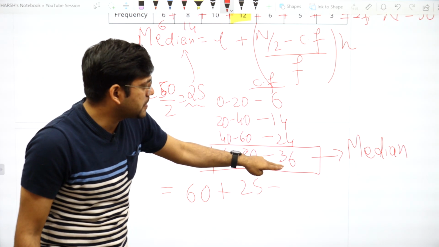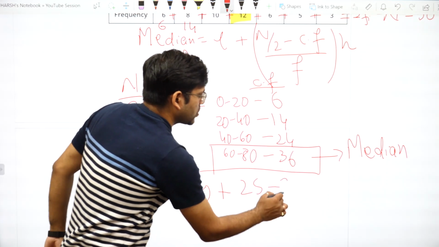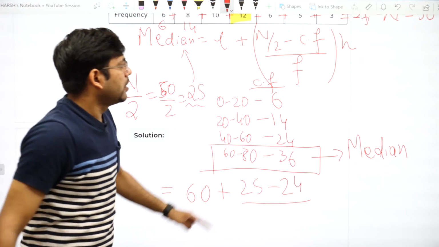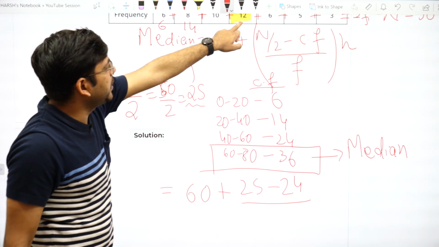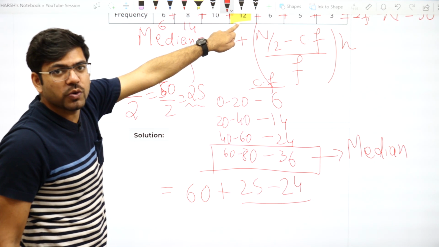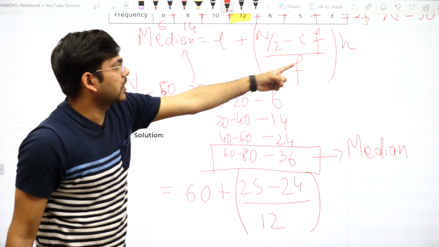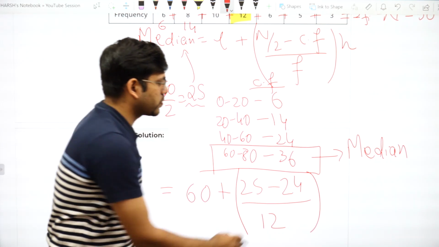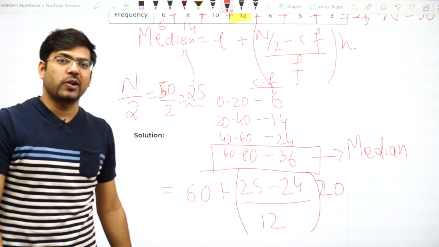So the value preceding this is 24, divided by the frequency. Now this frequency will be of the median class. The frequency of this median class was 12. See here, it was 12. So put the value 12, into the height of the class. I guess you know the height of the class is 20. Now you have got all the values. Solve these values and you will get your answer.